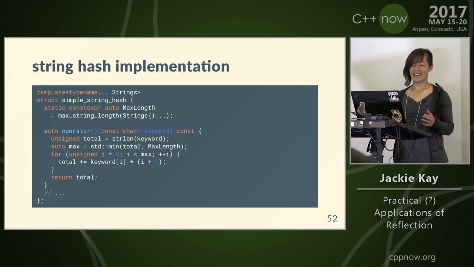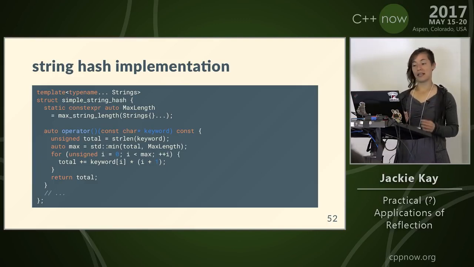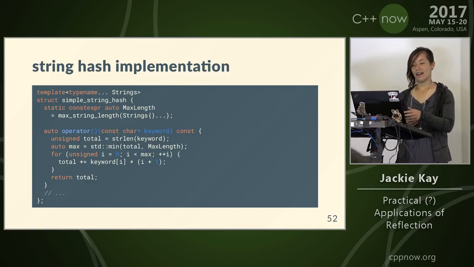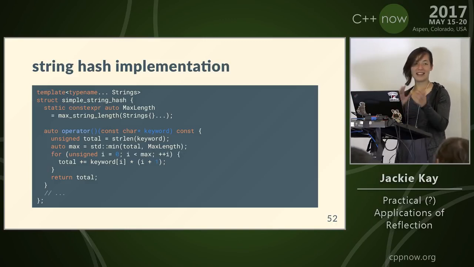The really short and simple implementation, which I'm calling the simple string hash, is that I look at my set of strings at compile time and get the max length from the names of my members, if this is for the reflection use case. But this isn't closely coupled to reflection. Then I define the hash function, and here I'm overloading operator parentheses to be fancy, to pretend I'm a function.